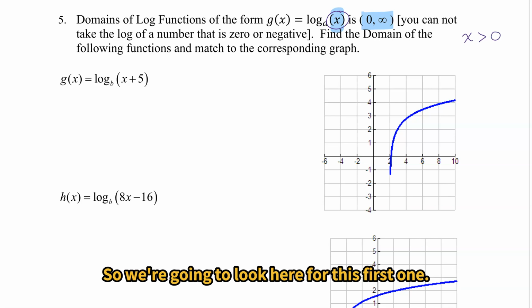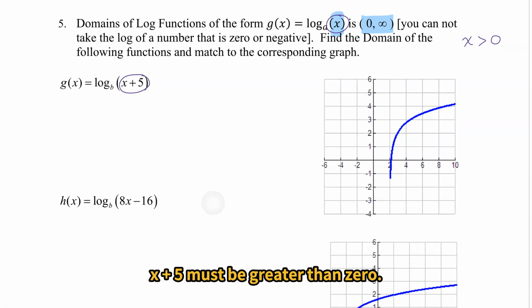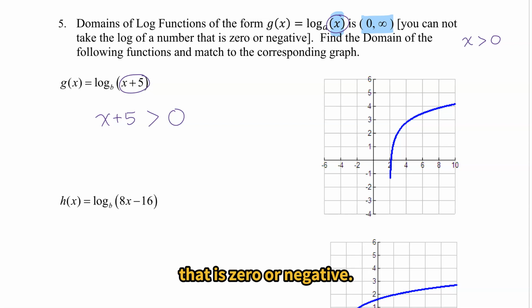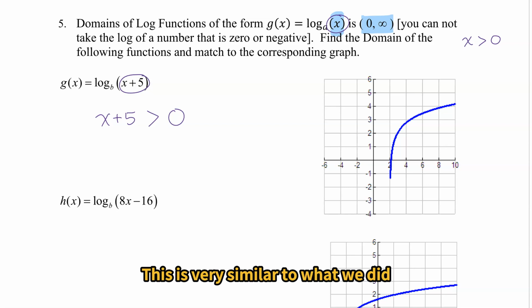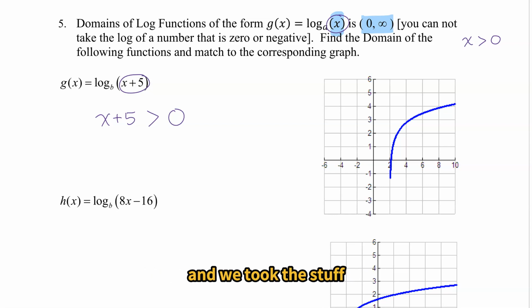So we're going to look here for this first one. The input for the log, x plus 5, must be greater than 0. I don't want anything to go inside that log that is 0 or negative. This is very similar to what we did when we talked about radical functions and we took the stuff underneath the radical and set it greater than or equal to 0.